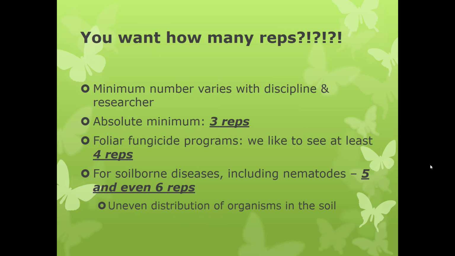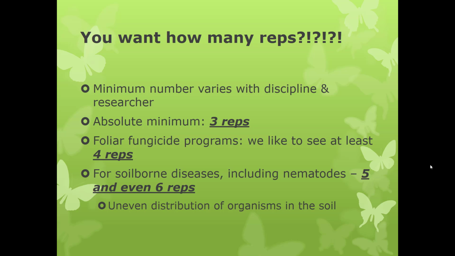Okay, so here are some general rules of thumb when it comes to plant science research. The minimum number is going to vary depending on the discipline and the researcher. I'll just say that up front. That's my disclosure. But the absolute rock bottom minimum number of replications that you can have in plant research is 3.